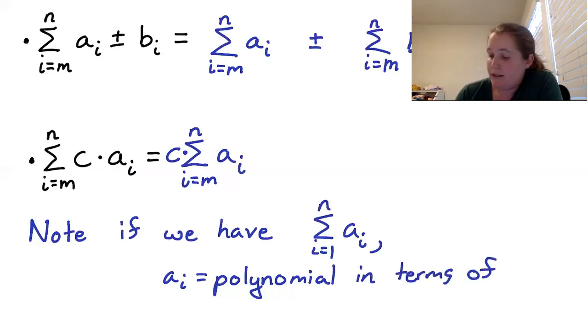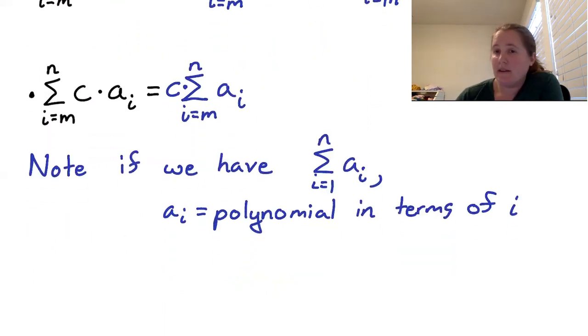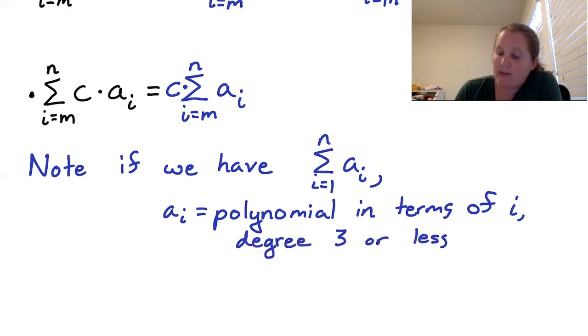As long as the highest power is a cube, we can now go ahead and evaluate the sum. So a polynomial of degree 3 or less, we can now evaluate any of these sums.